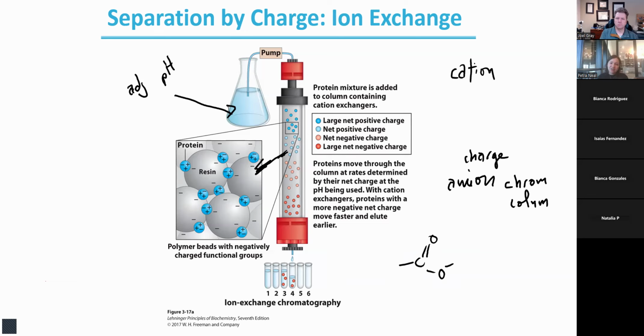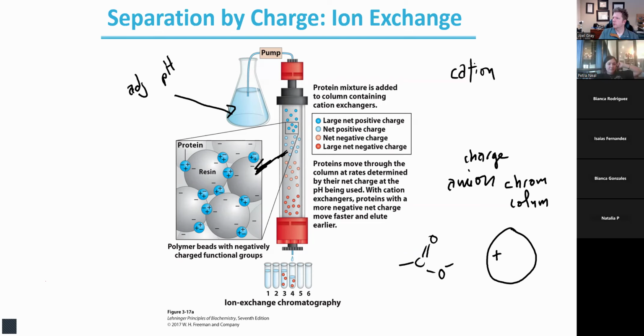So that will adhere to a resin bead that is positive. Can everyone give me a W in the chat if that makes sense? Great. Okay. Happy to read that.